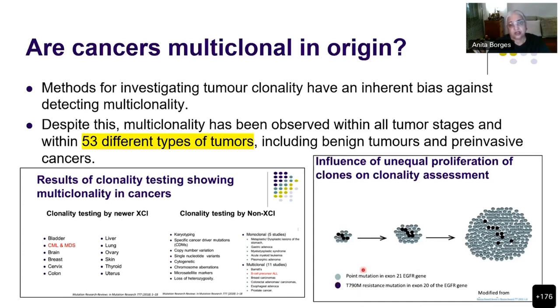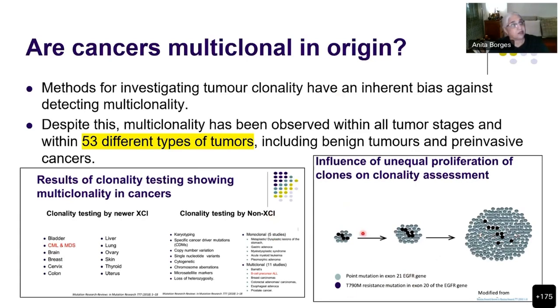Let's suppose that this was a point mutation in exon 21 of the EGFR gene, and the T790M resistance mutation is present in exon 20 of the same gene. So let us assume that the gray ones had the exon 21 mutation that is actually making this tumor grow, and it is becoming very predominant in this tumor.